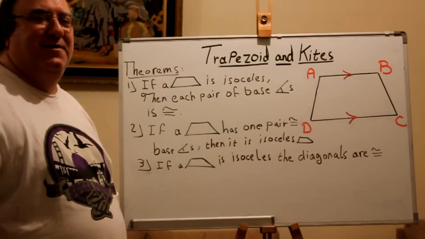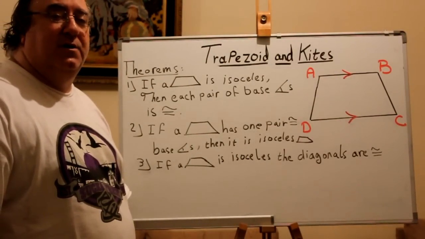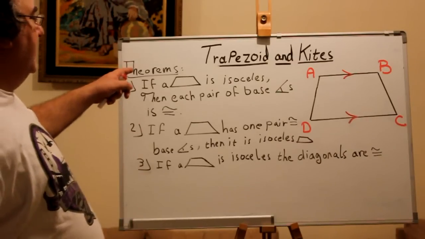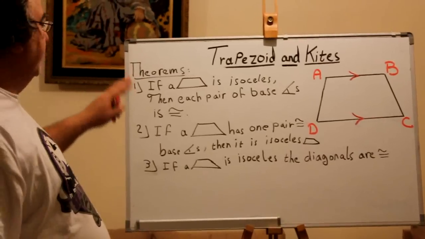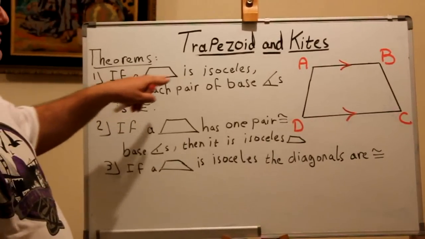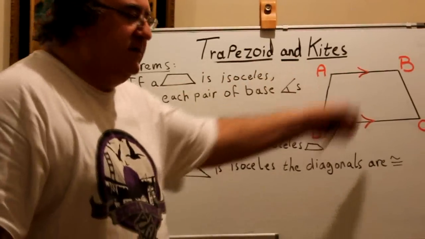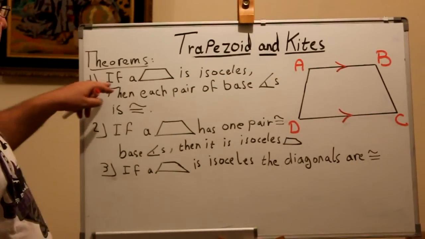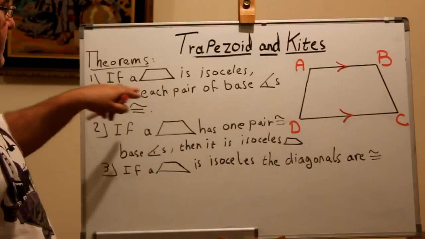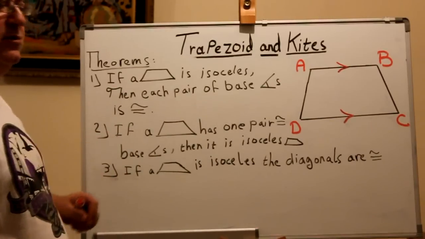Hi again. Now, let's go to the theorems of trapezoids. There are many theorems, but the major ones are these 3. If a trapezoid is isosceles, as we said that the legs are congruent, then each pair of base angles is congruent. What does it mean?